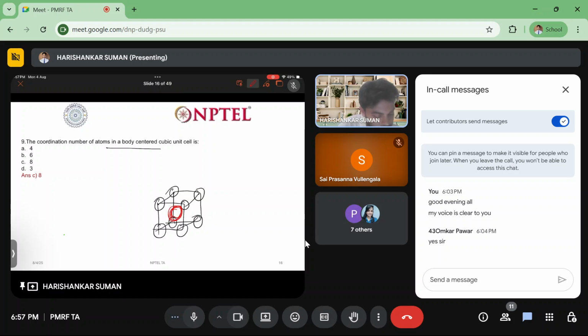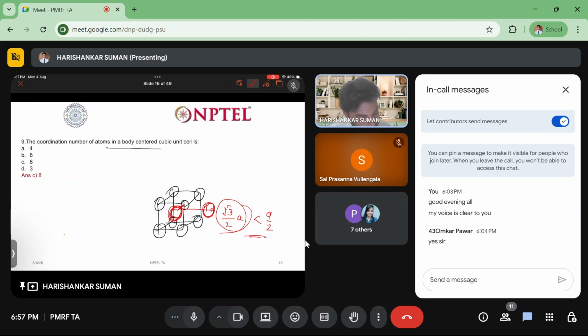Which distance is nearest for this? This will be root 3A by 2, which is less than A by 2. A by 2 is higher, for the next cube.